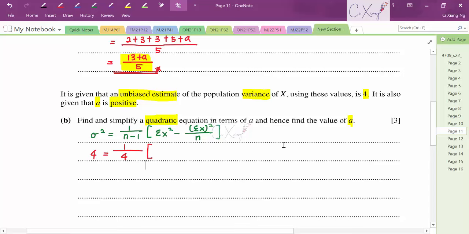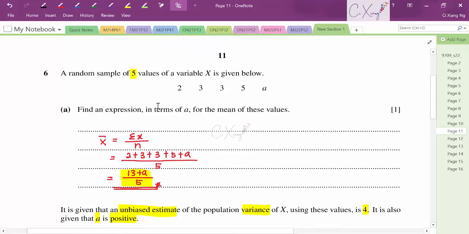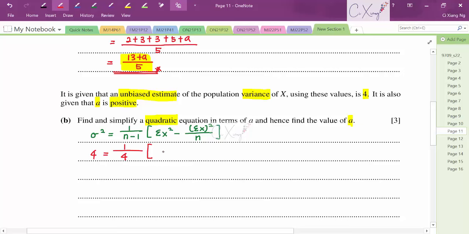For the summation of x squared, generally we need to square all the x here and then add them together. So we have 2 squared plus 3 squared plus 3 squared plus 5 squared plus a squared. And then we have to minus the summation of x squared.